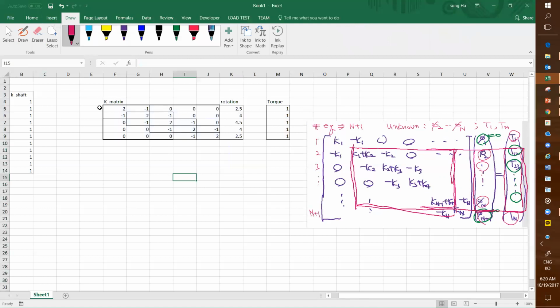The problem I'm trying to solve was, we have 1, 2, 3, 4. So we had 1, 2, 3, and 4.